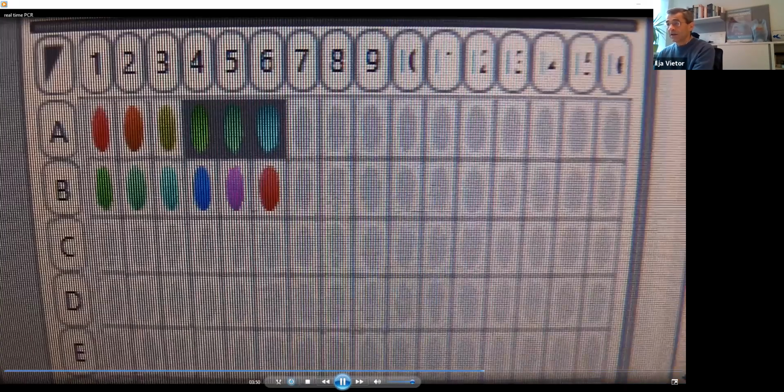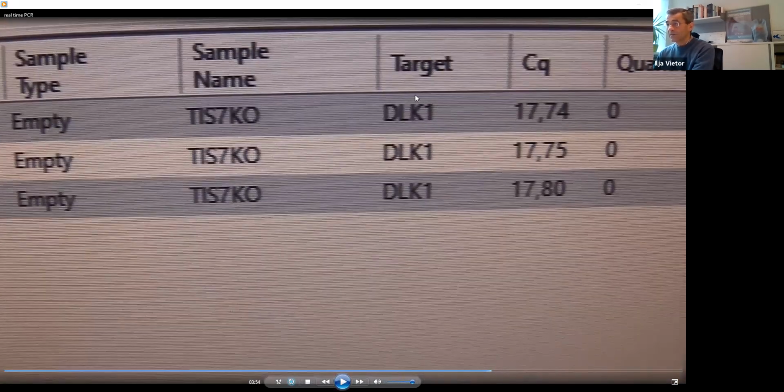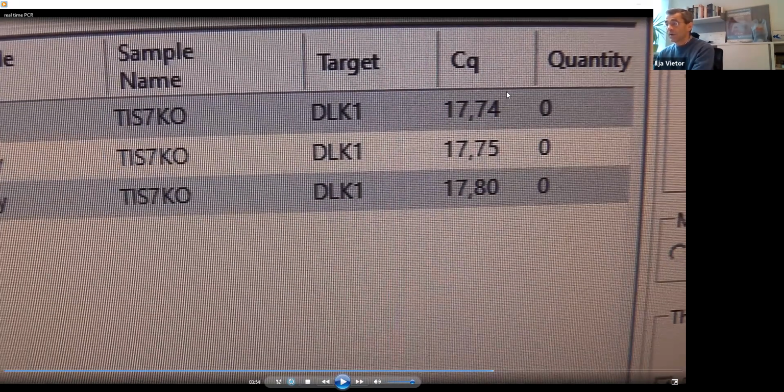Second part is the sample TIS7 knockout MEFs, detection of DLK1, and number of cycles necessary to reach the same intensity of signal. So it's 17, 17, 17, good pipetting, almost identical values, and much lower number of cycles necessary to reach the same intensity as for the wild type.